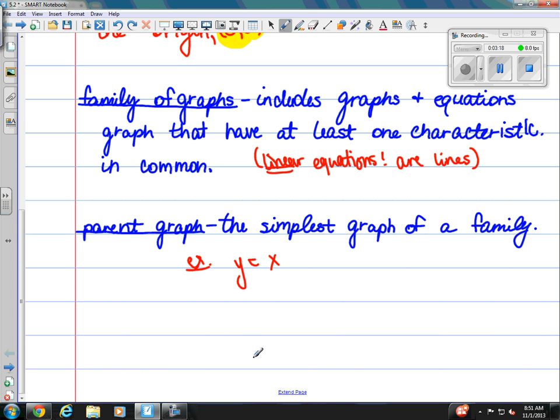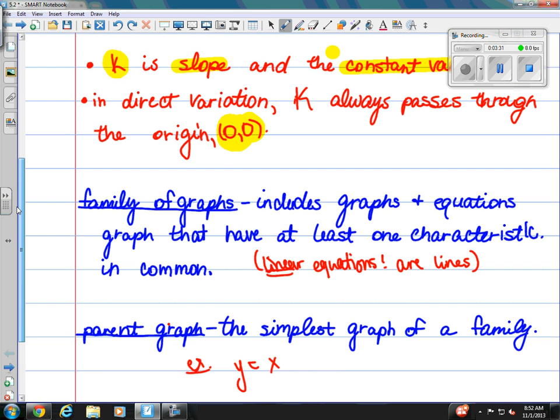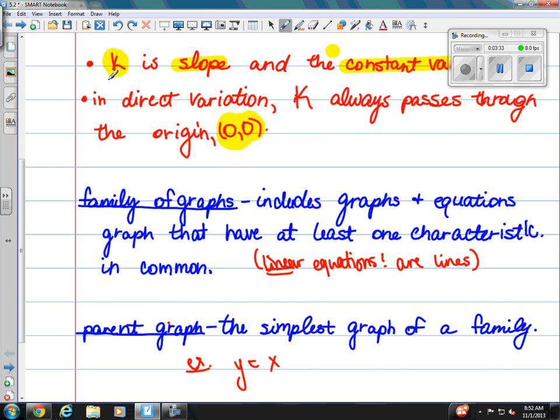So our parent graph for our linear equations would just be y equals x. Now, before we begin our examples, I just want to stress again that k is our slope and our constant variation. So if we're asked to find constant variation, we're truly looking for slope.